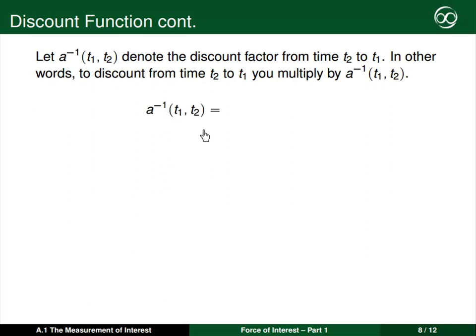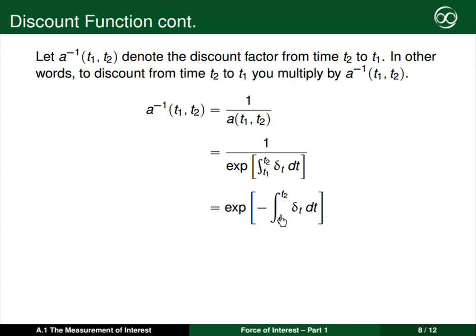And of course, we can think about this as 1 over accumulating from t1 to t2, right? Because that's how the discount function and accumulation function are related. They're the inverse of each other. And so now, to accumulate from t1 to t2, we add up from t1 to t2 the force of interest and take the exponential. And using the same algebra as before, it's the exponential of minus the integral from t1 to t2 of the force of interest dt.